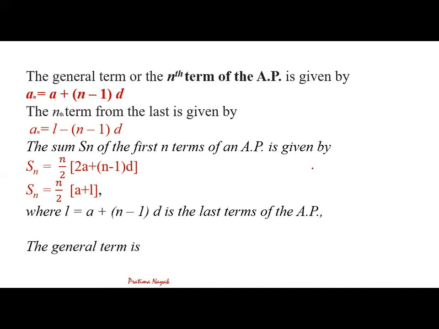The general term is also given by an = Sn - S(n-1): the sum of n terms minus the sum of n minus 1 terms gives you the nth term.